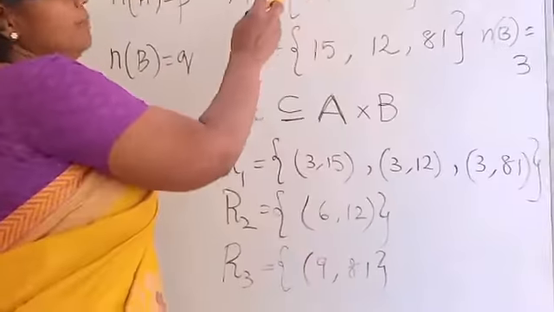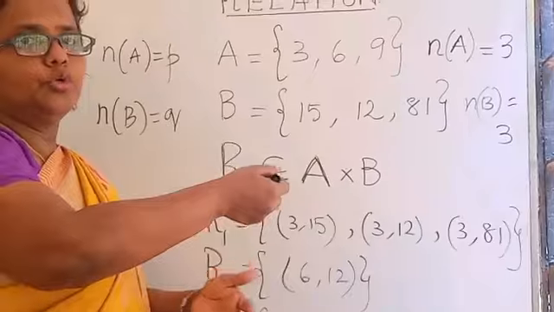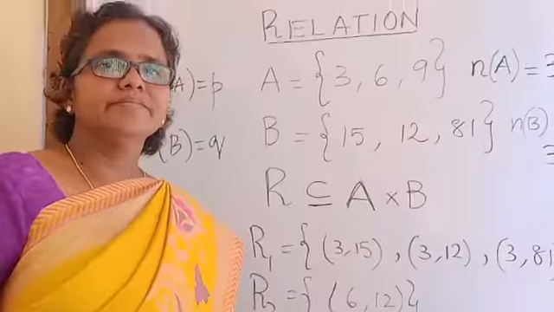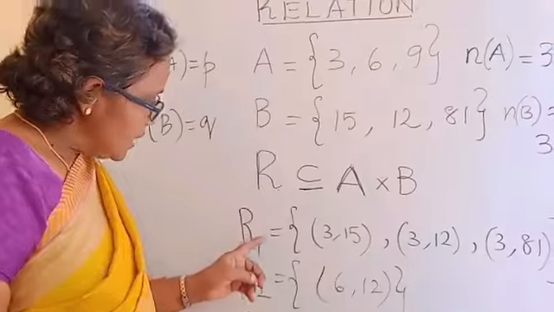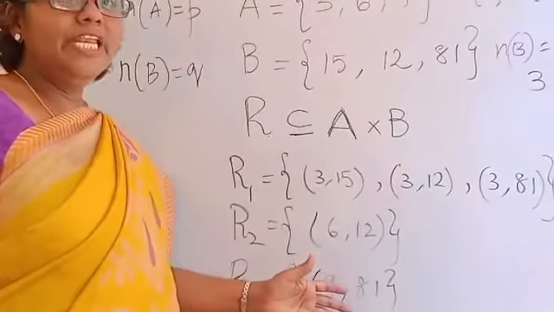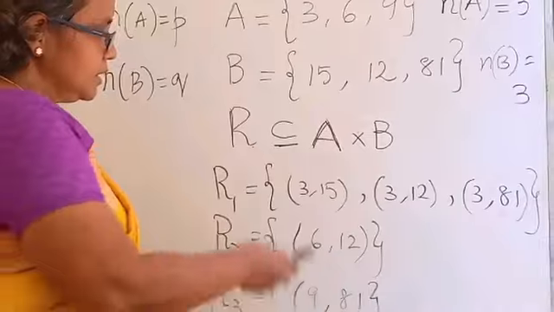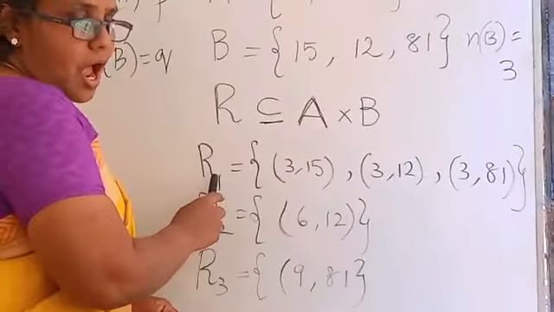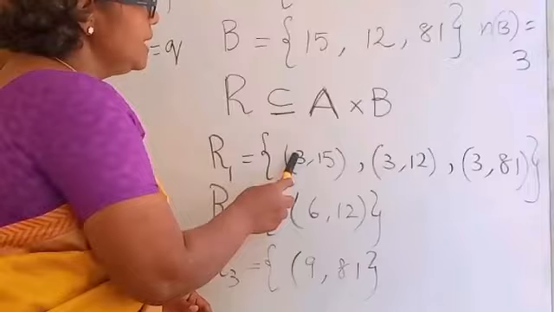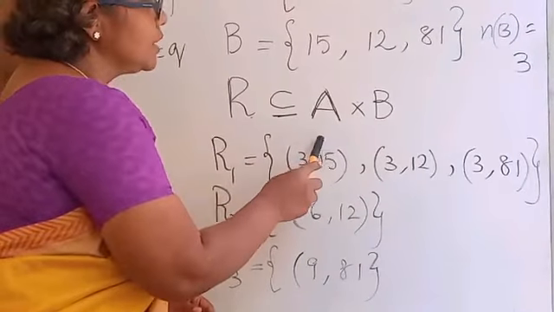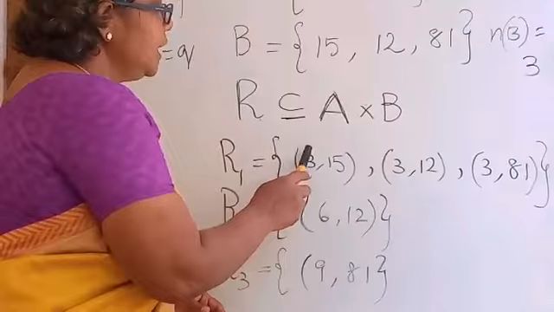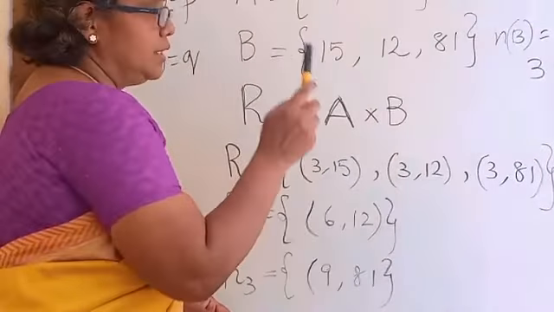This is an example that I showed you. Okay students, look at these 3 relations. It is something meaningful, right? When you take up the first relation R1, look at the ordered pairs. The first element is related to the second element. How? 3 into 5 becomes 15.